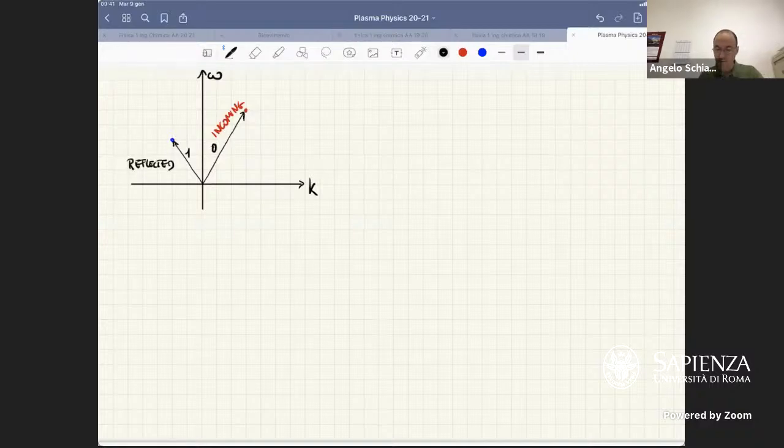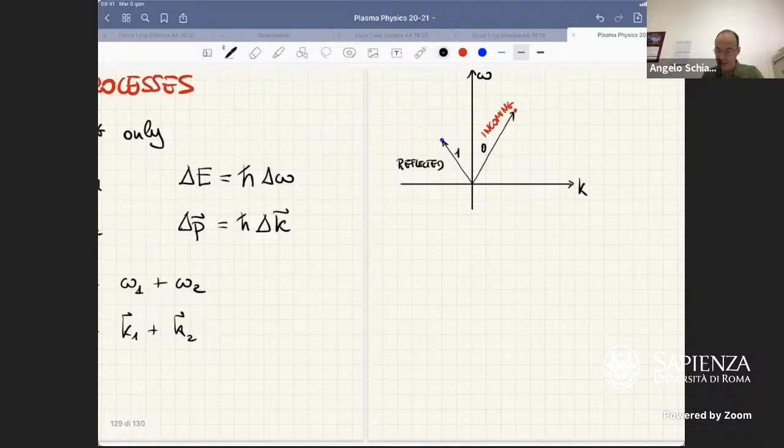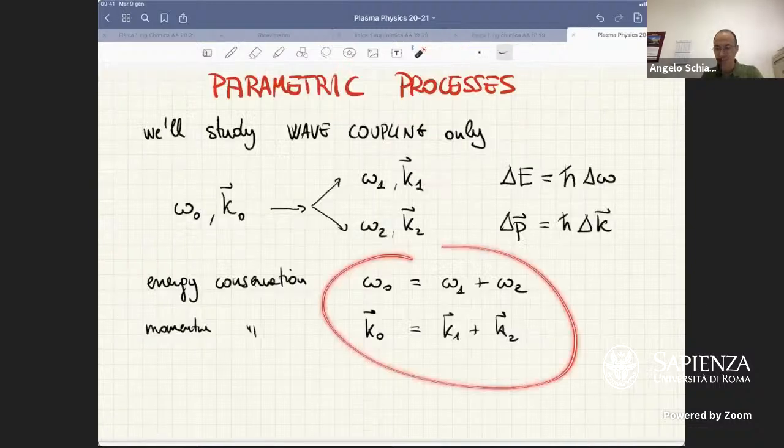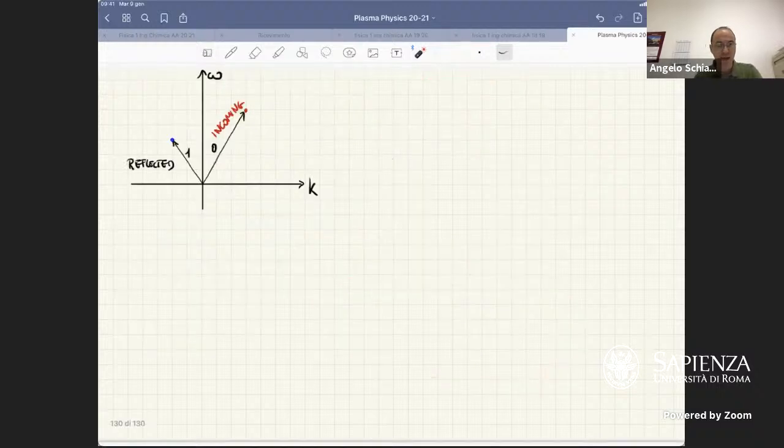And we have to satisfy the conservation of both energy and momentum. It means that we can work with the parallelogram rule. So the final and initial states, as vectors in this plot, have to sum up to the initial state.